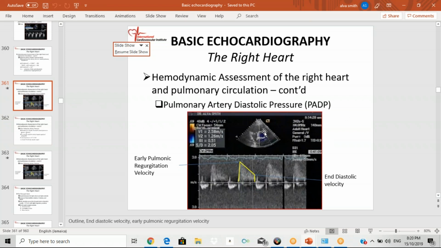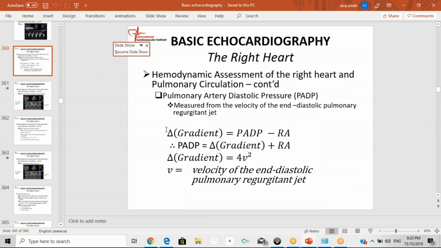Again, the gradient is the pulmonary artery end diastolic pressure minus your right ventricular end diastolic pressure. I think we developed the equation right here, right? So the gradient is equal to the difference in the pulmonary artery end diastolic pressure.